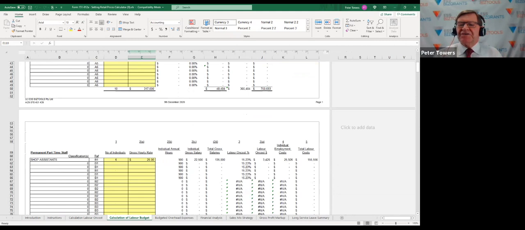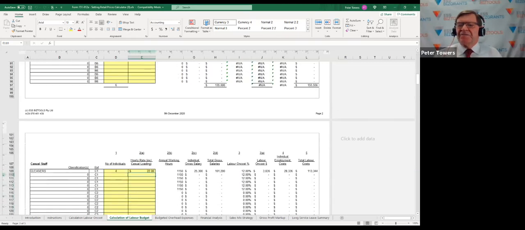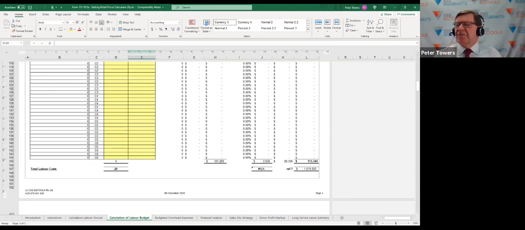We've got the permanent part-time staff, the shop assistants, and there's 6 of them. And then we've got the cleaners, there's 4 of them, they're the casual people. And so we've got 20 staff in our payroll, including on cost, is going to be $1,019,000 for the year.